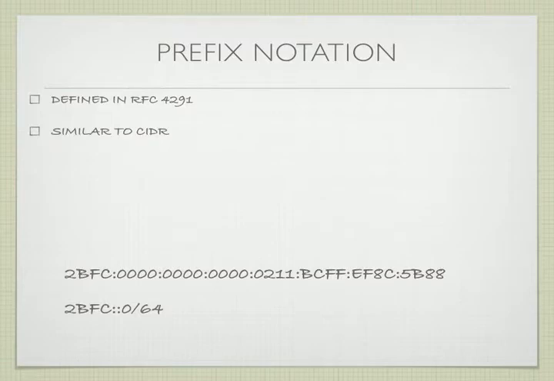It does use the slash notation, and it's telling us the subnet that we are on and the size of that subnet. So it's including the beginning portion of the subnet and the size, just like CIDR does.